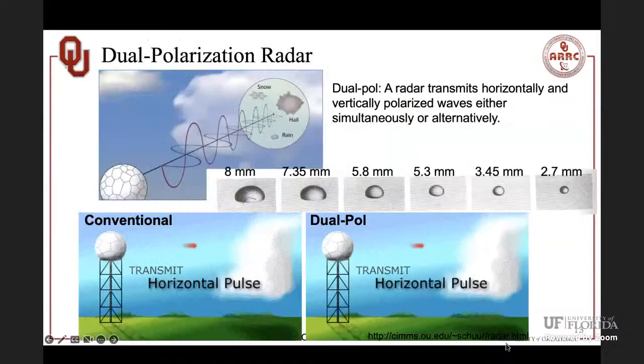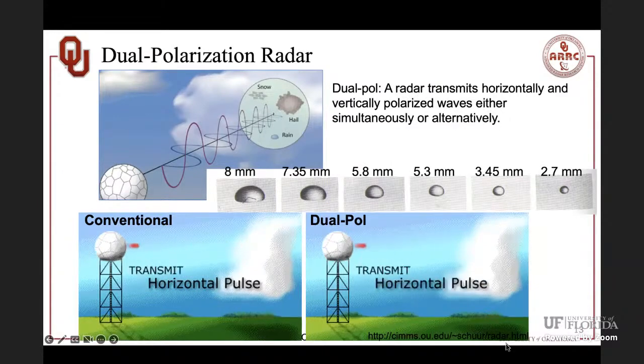Then the next one, some of you have probably seen this before, is the introduction of the polarimetric or dual polarization technique or technology. First you have to understand what polarization is. It's a way to describe the change of the electric field in space.